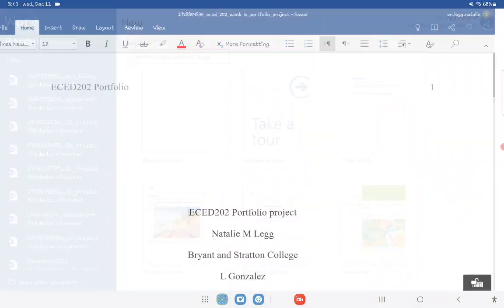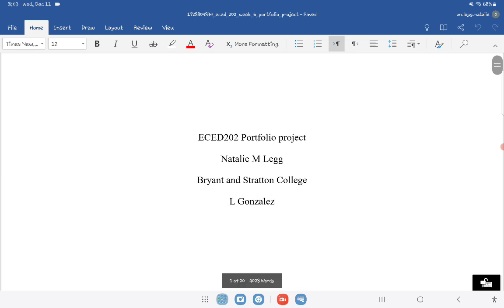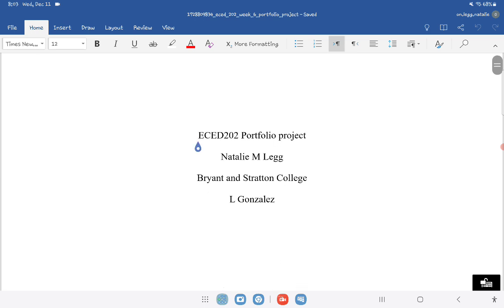My next portfolio project is for ECD 202. This institutional outcome is organizing work effectively to create a purposeful, responsible program, including preparation of written plans, progress records, parent communication, and building reports.